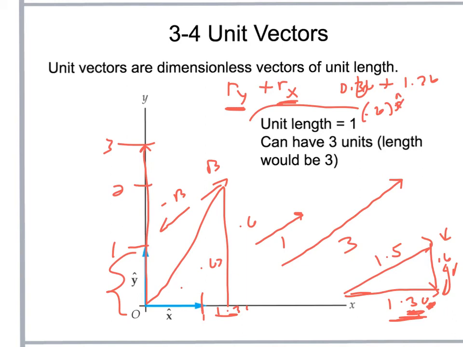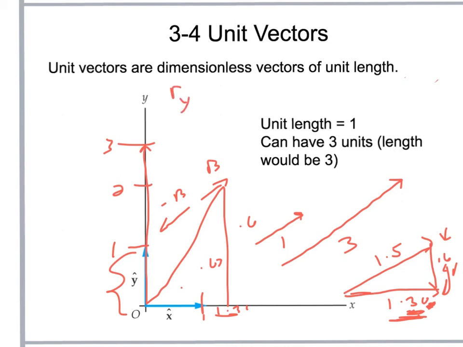So when we're talking about r sub y plus r sub x, it's really obvious that we're talking about the y and x components. But when we put numbers in there, when we say 0.6 plus 1.36, well, now we lost the direction. We just have our magnitudes, but we no longer have our directions.